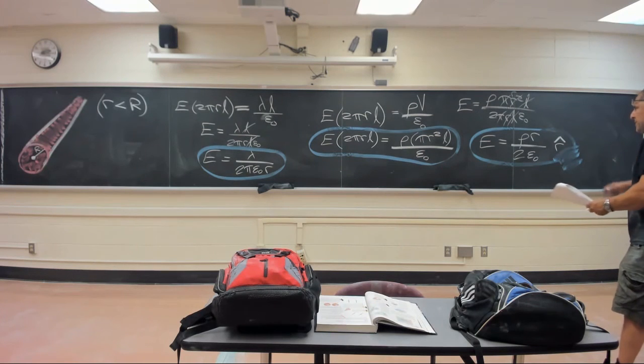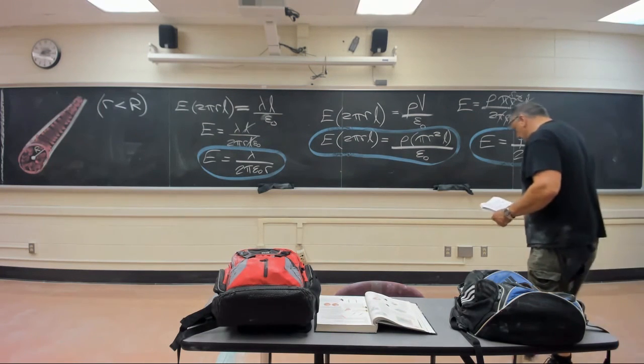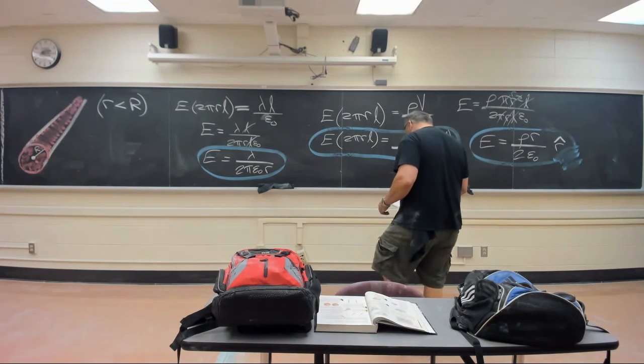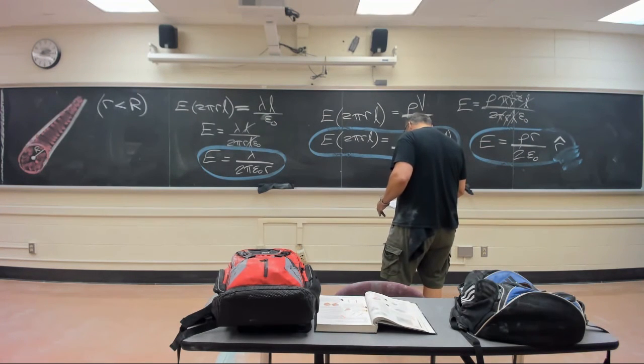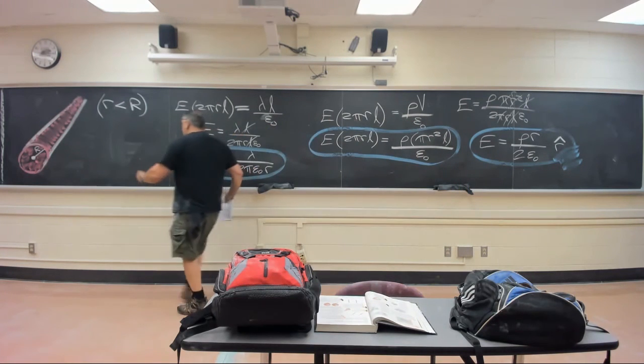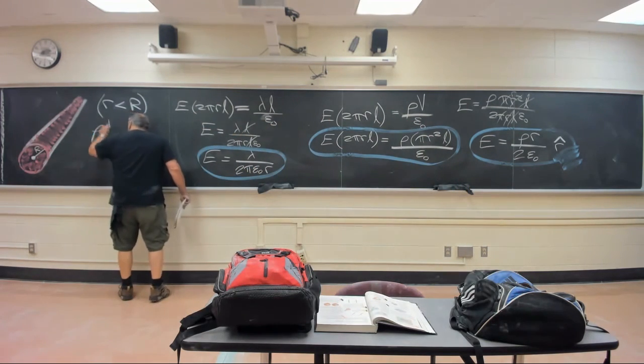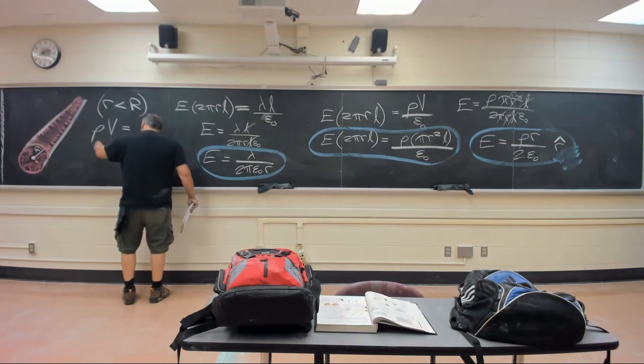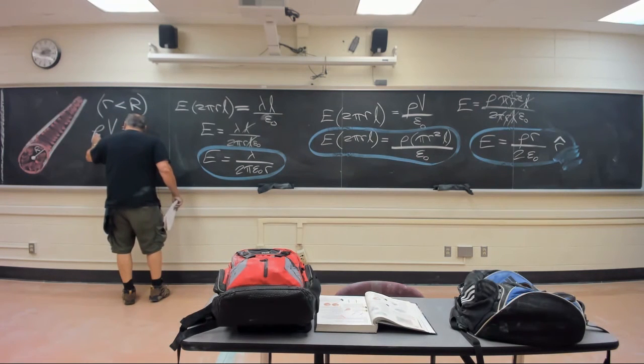So we got two things here. You can basically say this to kind of get yourself out of the woods. Rho times V, volume charge density per unit volume, that's rho.